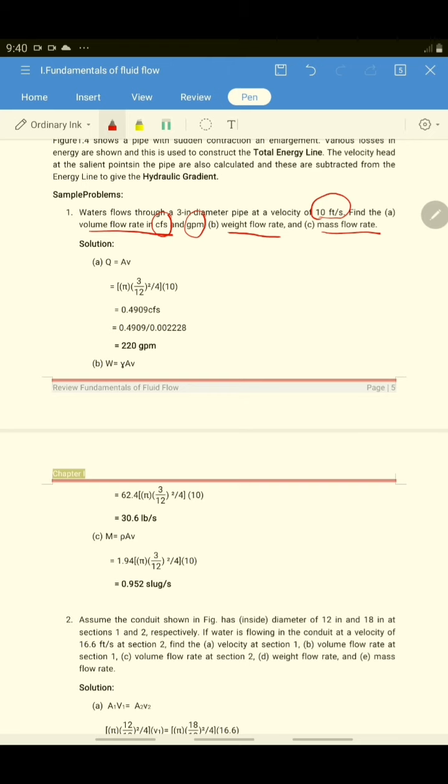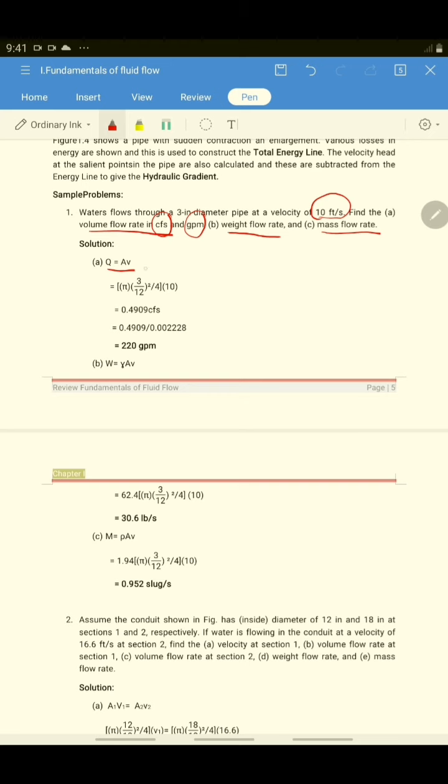In these sample problems, if you remember in your fluid mechanics, this was discussed in chapter 8, the steady and compressible fluid. So you can just directly substitute the values once you already get the formula.